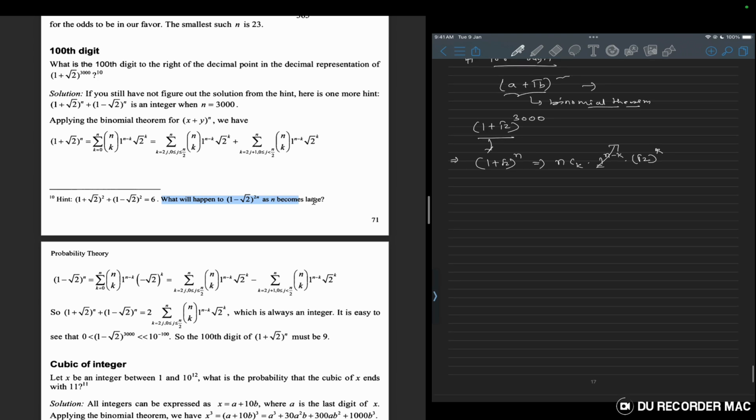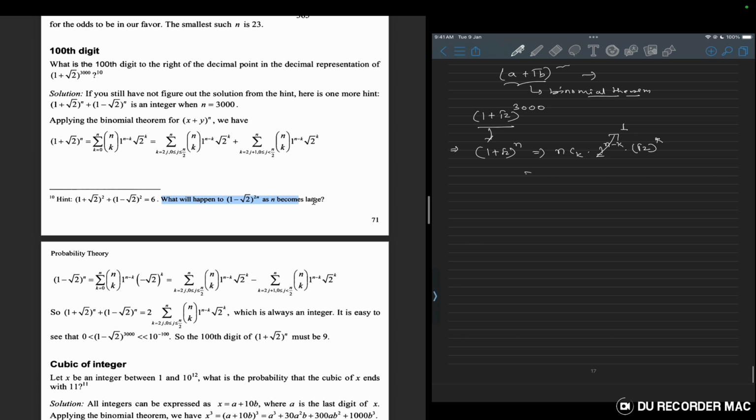Now this 1 would always be 1 no matter what the power is, so this essentially becomes nCk times (√2)^k. It starts from k equal to 0: for k equal to 0 it will be nC0 times (√2)^0, for 1, similarly for 2, and for 3, and so on and so forth.